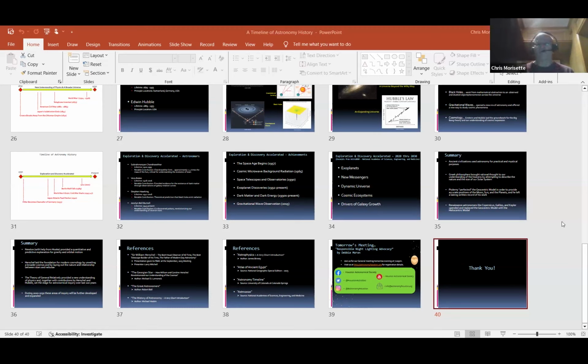We discovered gravity waves, which is great, but we haven't really incorporated those into our understanding of dynamic phenomena, as another measurement along with light and neutrinos.